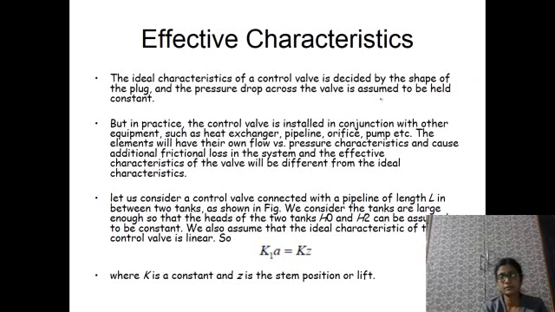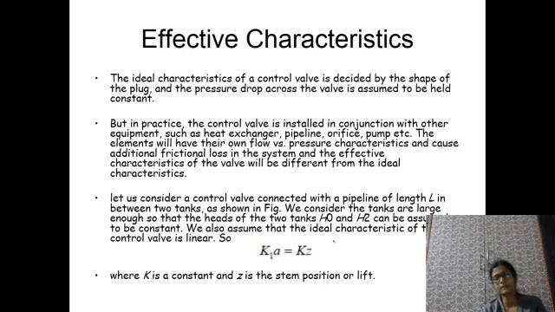So let's consider a control valve connected with a pipeline of length L in between two tanks, and we consider the tanks are large enough so that the heads of the two tanks can be assumed to be constant. That means the initial criterion, the pressure difference across the valve, must be constant. We also assume that the ideal characteristics of the control valve is linear.